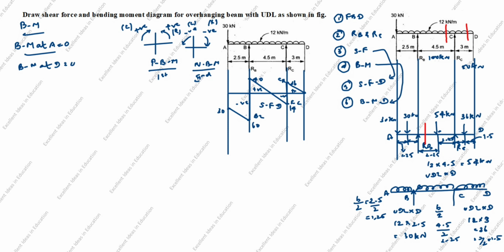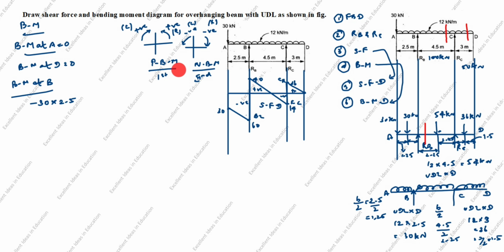Next we will calculate bending moment at B. You see here bending moment at B. You see this force comes this way. This is left side. So this way is, you see, left side is minus anti-clockwise. So minus 30 into perpendicular distance is 2.5. You see this force from here to here, it goes this way.